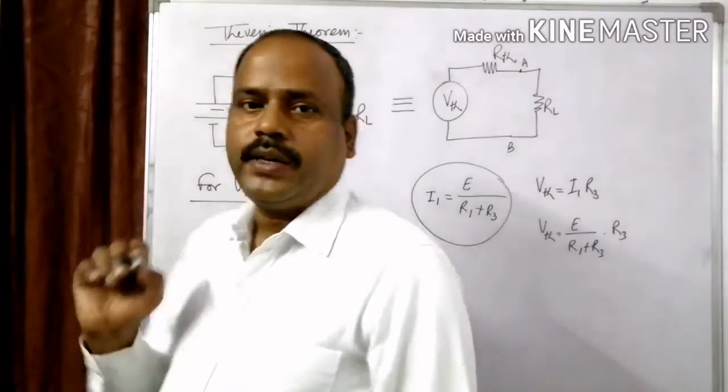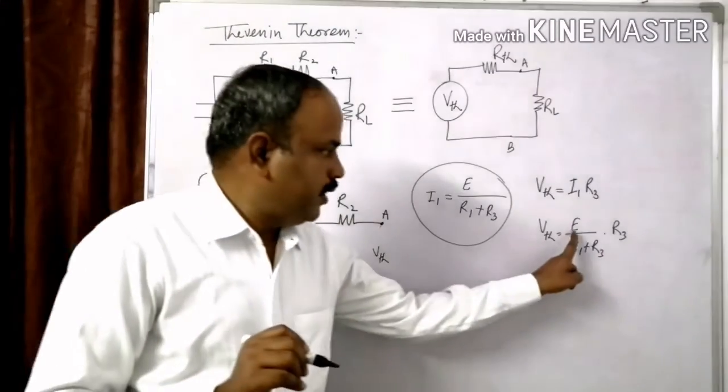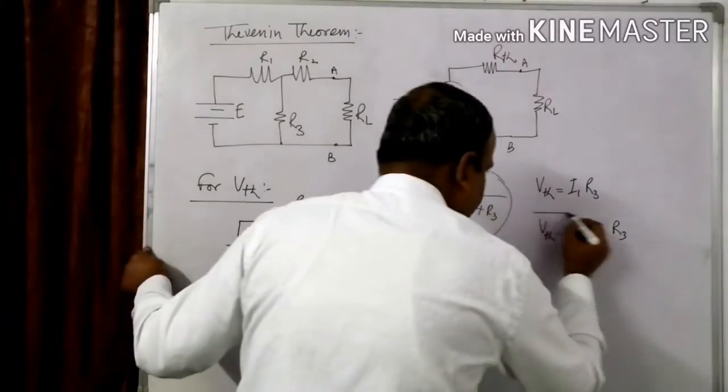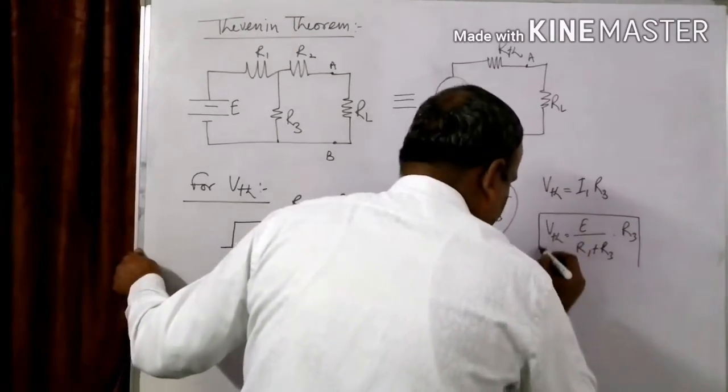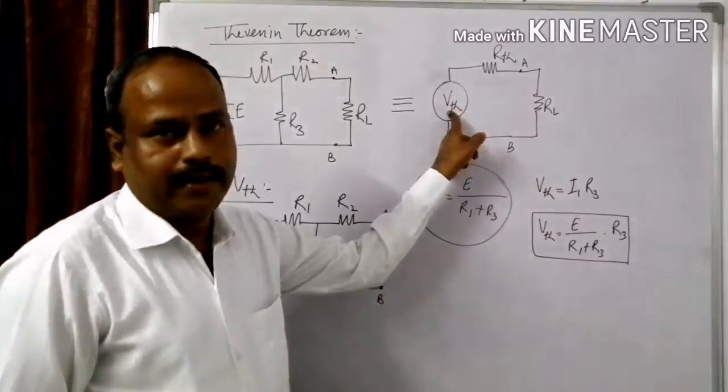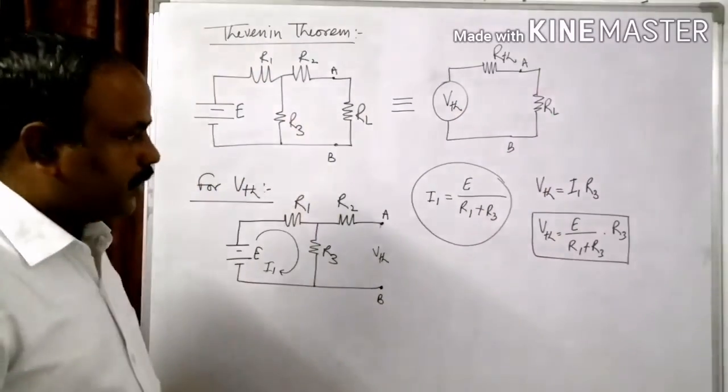That's why the value of VTH is E upon R1 plus R3 into R3. Whatever the value of VTH, we are going to put this value in the equivalent circuit.